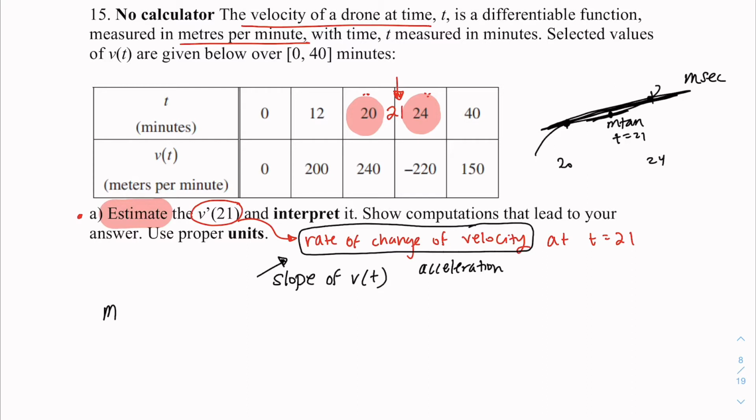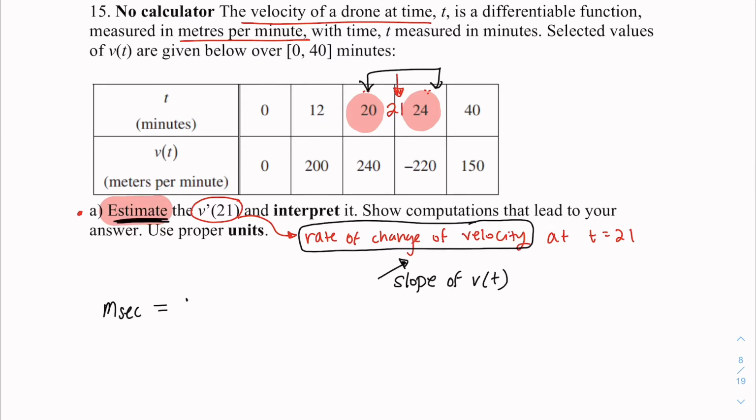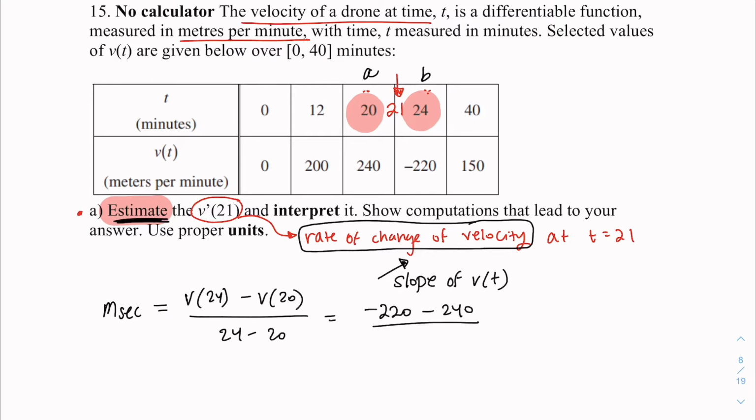So we'll write m sec equals, okay, if this is a, let's make this b. Then we're going to have v of 24 minus v of 20 over 24 minus 20. V of 24 is negative 220, that's the y value, minus v of 20, which is 240, all over 24 minus 20.